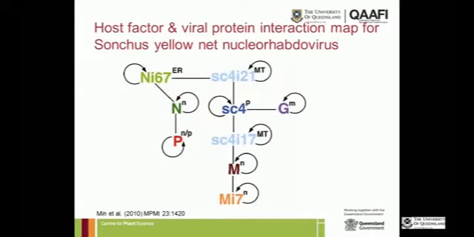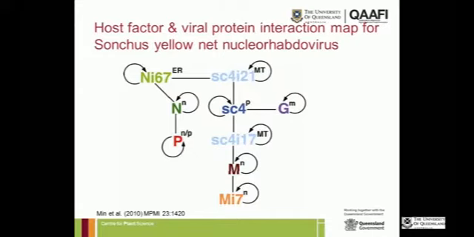They used a yeast two-hybrid system with a large library from Nicotiana benthamiana, and they identified quite a number of interacting proteins. This is N interacting protein number 67.